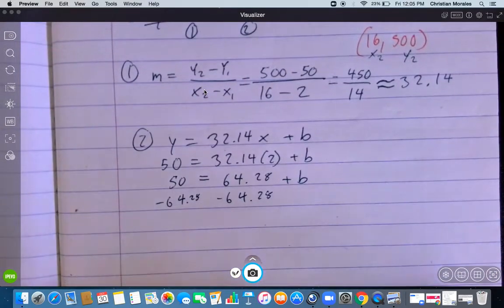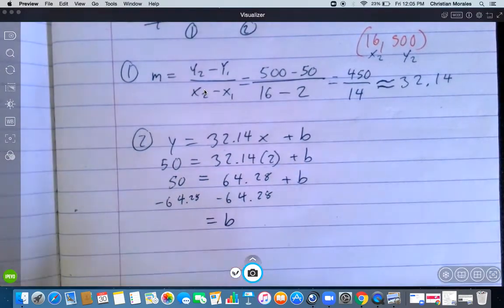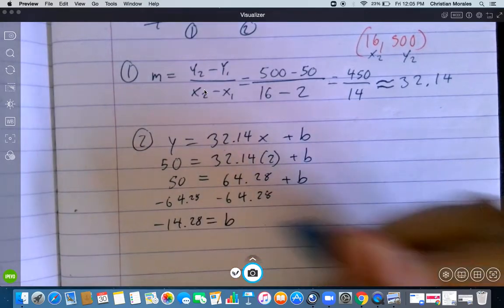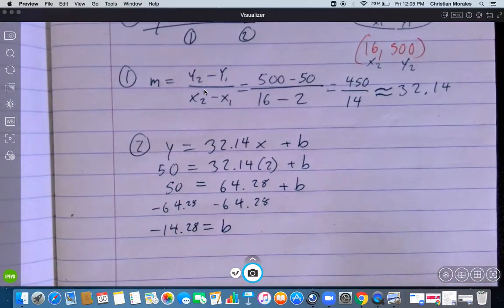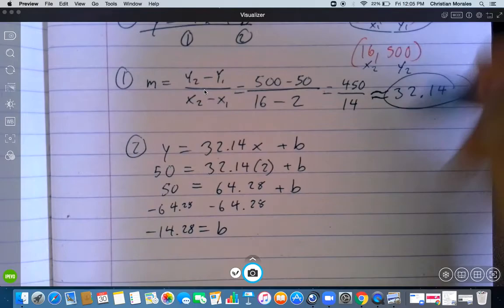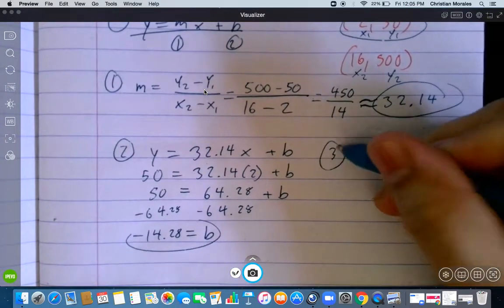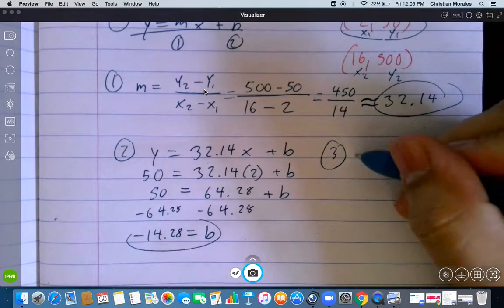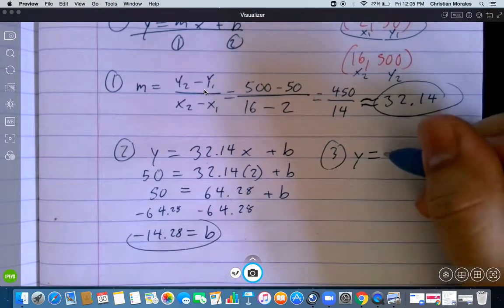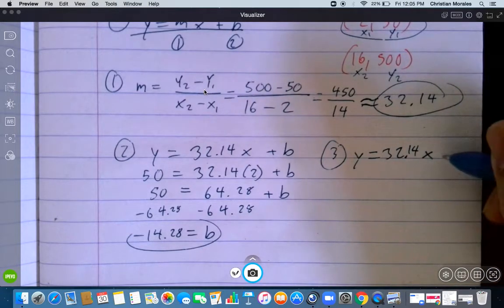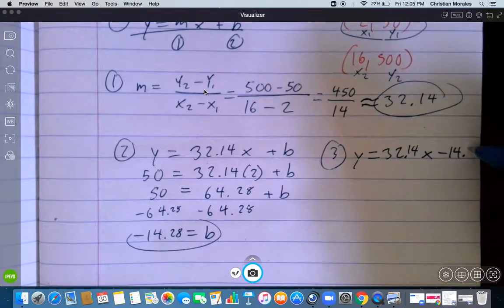And my answer for b, let me go back to my calculator, is negative 14.28. So I have my slope, I have my y-intercept, my answer, step number 3, my line is y equals 32.14x minus 14.28.